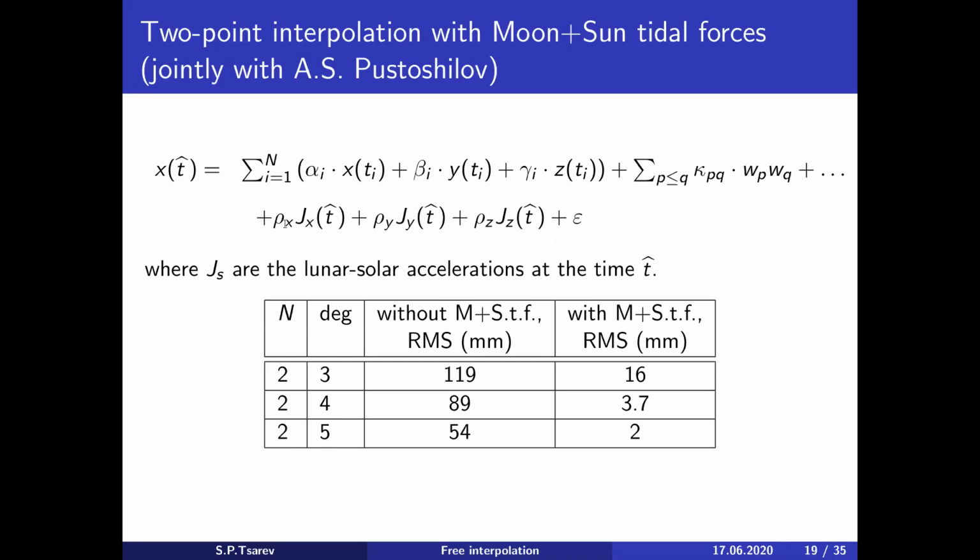But as soon as we include 3 more coefficients only, and train our model, and then test on other test cases, we see that the root mean square error is very, very small. And for degree 5, we obtain precision of 2 millimeters.